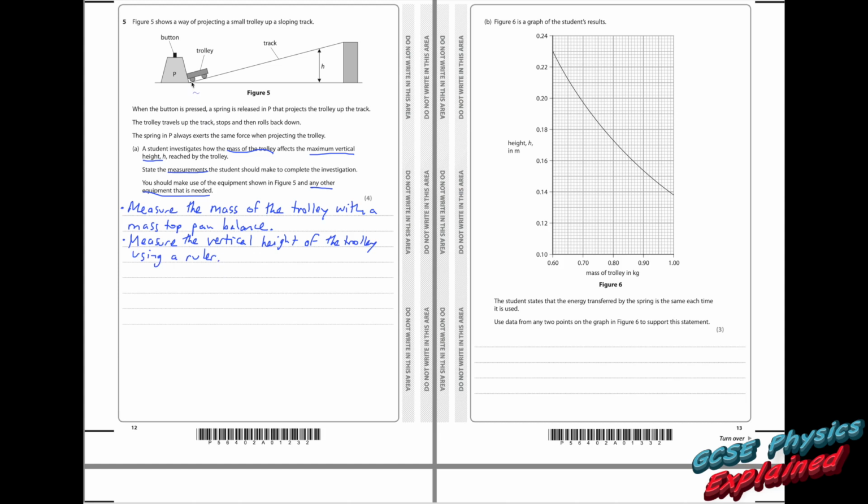Now, since the back wheels are close to the ground there, we'll measure the height from the back wheels as it fires up here. So we're not measuring the front wheel, we're measuring the back wheel.